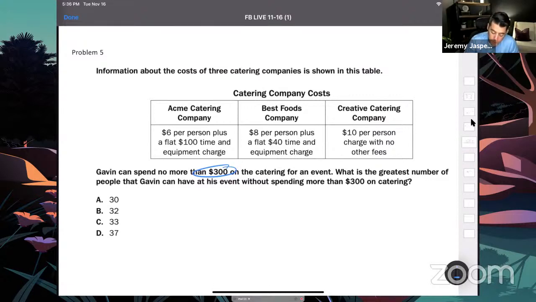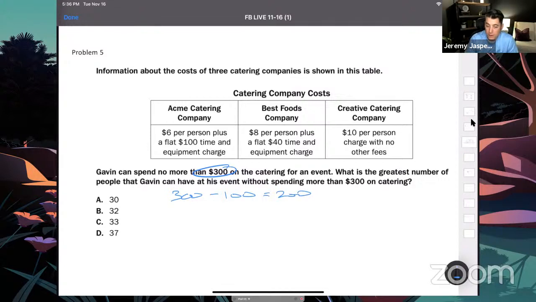So for this first company, and again, something like this, there's really no shortcut other than to jump right in and figure it out. We'll say we got $6 per person plus a $100 flat fee. So if we start with $300, we already take away $100, leaving us with $200.